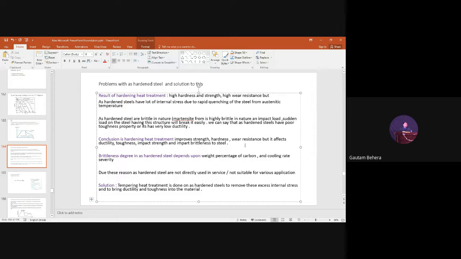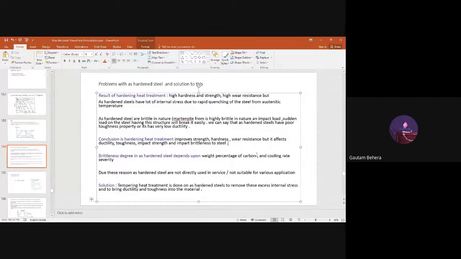Okay, let me ask here. What is the meaning of wear resistance? Let me see who can answer. What is the physical meaning of wear resistance? Resistance to abrasion. Okay. Resistance to scratch.